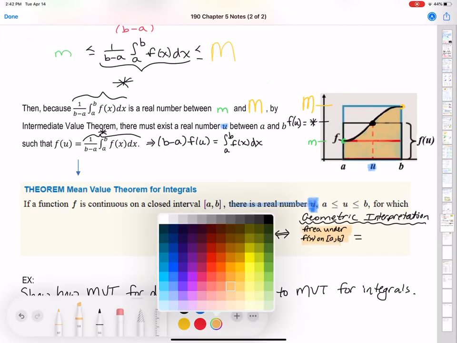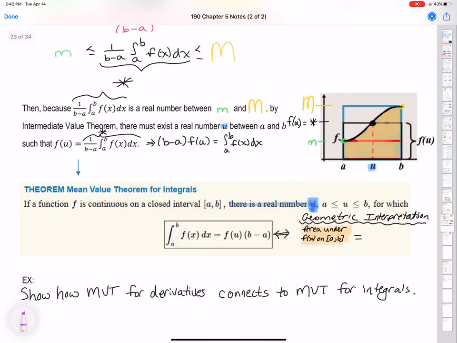So the area under the curve is equal to, well, now it's saying f of u, which is the height of this rectangle here. So that's f of u, and then times b minus a, which is the width of this rectangle. So the height times the width is the area of this resulting rectangle.